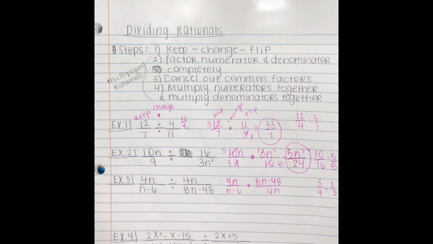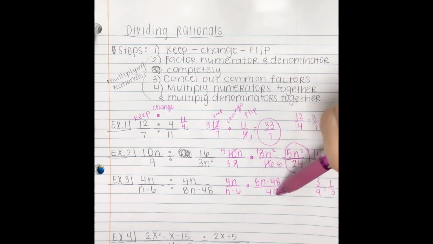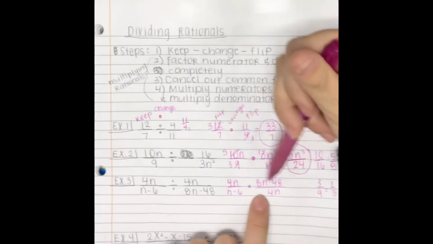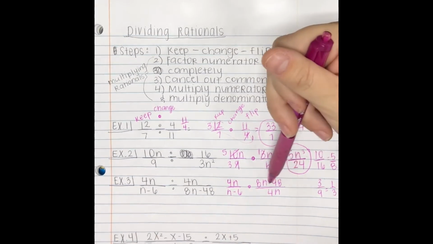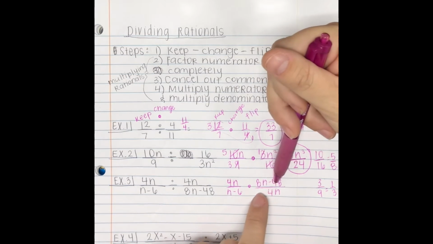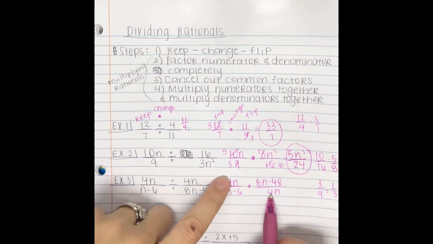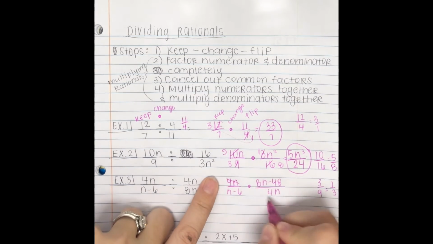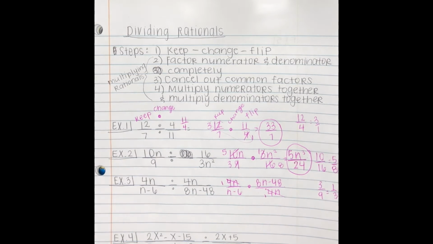And just like yesterday, you cannot just say, oh, 8n over 4n and start canceling, because 8n is being subtracted. This is a binomial. You can't just cancel these out unless you had this whole thing duplicated somewhere else. But if we look diagonally here, both of these have a 4n, right? So I can put 1 for both of those.